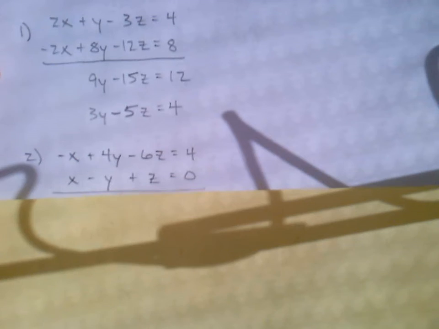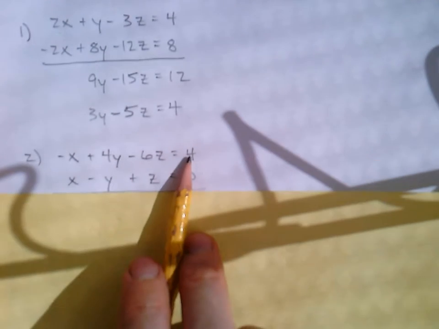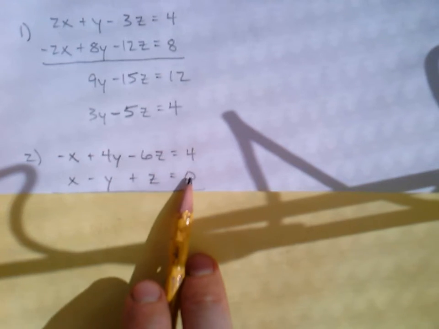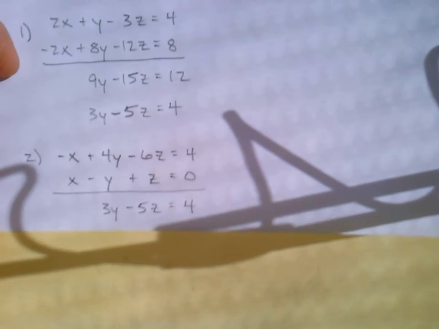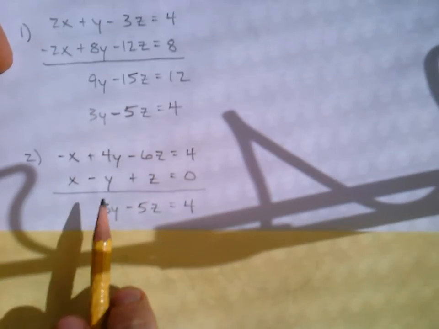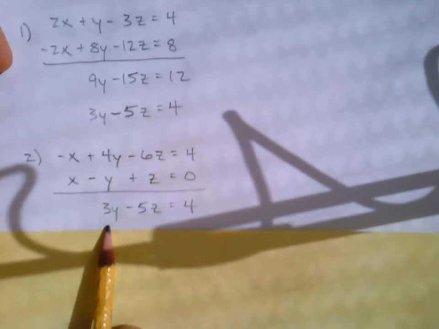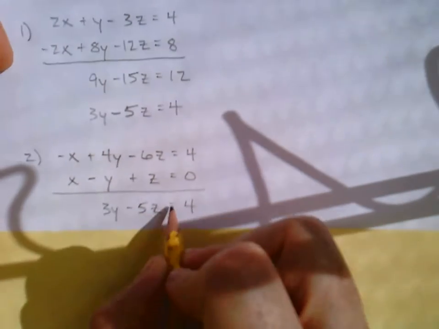Number 2 is simpler. I'm just going to add equations 2 and 3. So there's equation 2. There's equation 3. Didn't change anything. I can add them. X is gone. And what is that going to give me? 3y minus 5z equals 4.